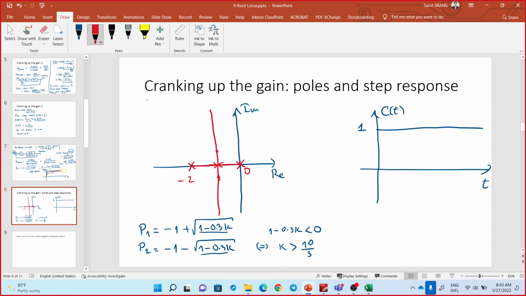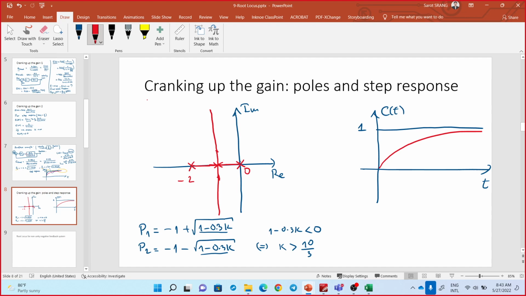With real poles, we get a damping ratio greater than 1.